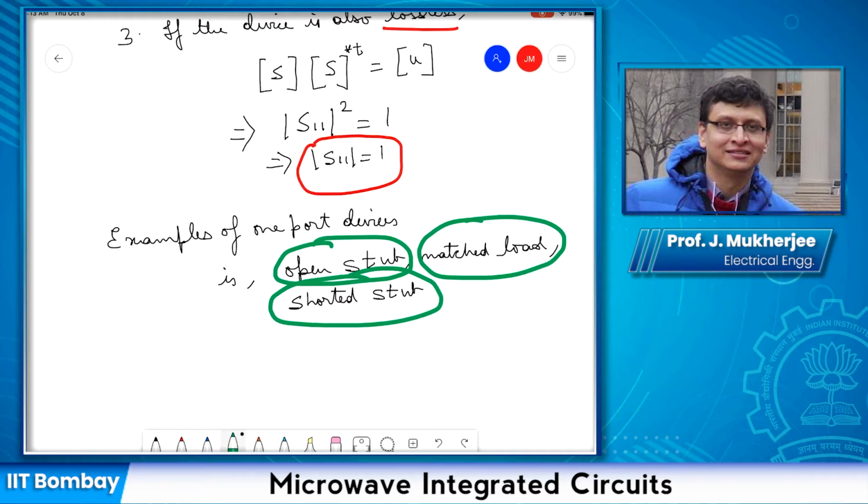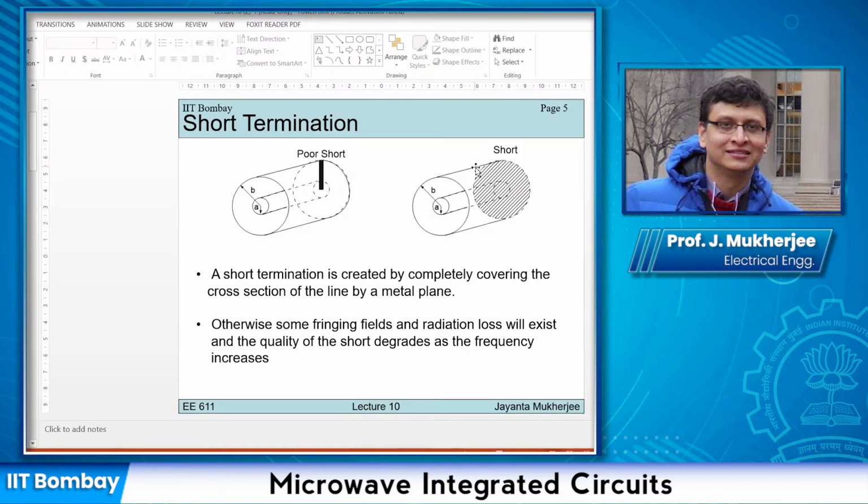For that, let me go to my slides. So here you can see, for example, an example of a shorted load. This is a coaxial cable. We have the central conductor here, and this is the outer conductor. And what we have done here is simply connected the central conductor to the outer conductor.